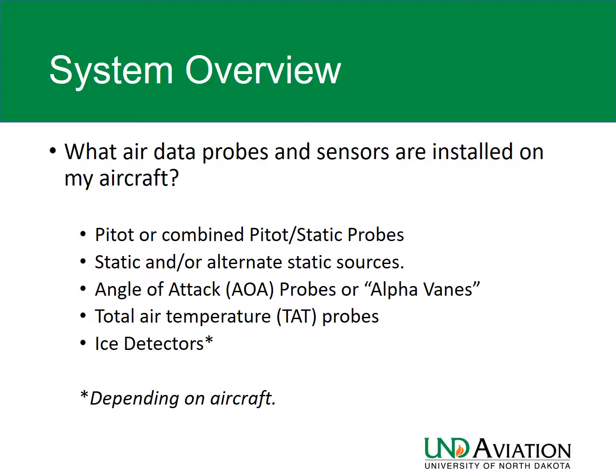Ice detectors, there are a variety of different ice detectors. Some of them are sort of a passive system, meaning it's just a piece of metal that's sort of mounted in a visible place for the flight crew to see when structural ice is accumulating.